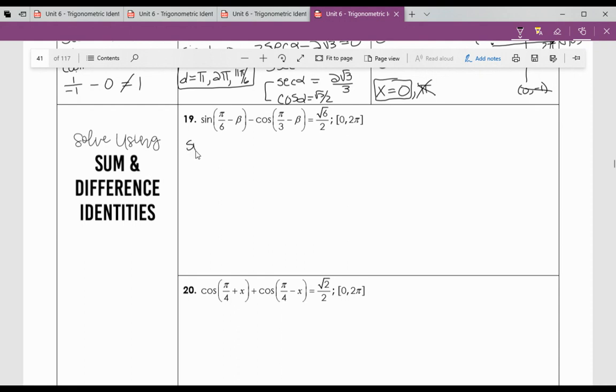So this would be sine pi over 6 cosine of beta minus cosine pi over 6 sine of beta. So what I've done is I've taken that out and I've used my difference identity. I used my sine a minus b formula off my identity sheet.